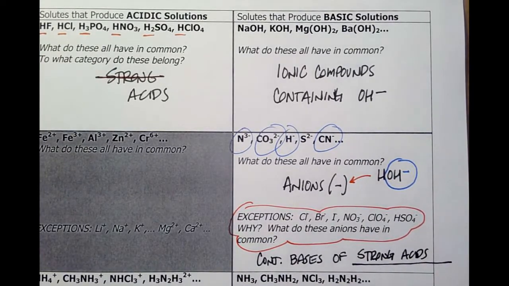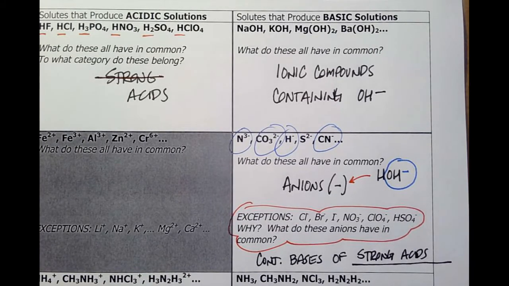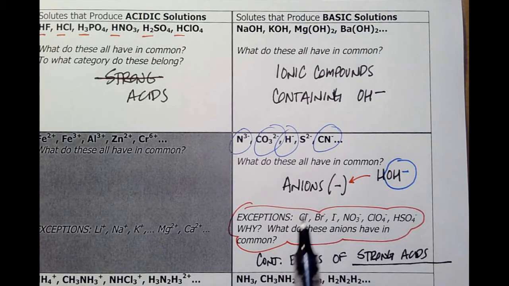Strong acids get rid of their H+, and they just don't take it back. Once they've got rid of their H+, they won't pull an H+ off water to produce hydroxide. So if I see an anion, my immediate response should be, that's going to be basic. Oh, wait a minute. There are about 6 exceptions to that.